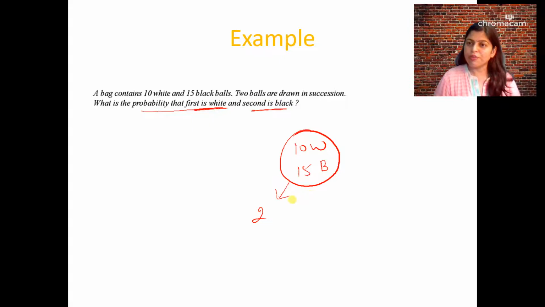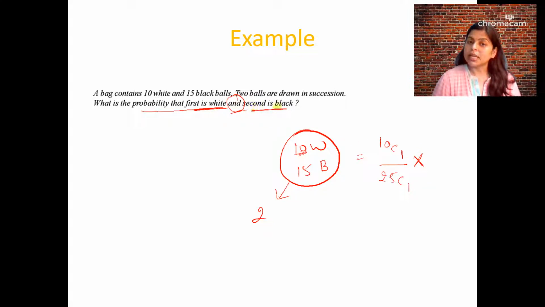So first of all, we will find the probability of a white ball. The white ball will come from these 10 balls, so we will write 10C1 divided by the total, 25C1. So this is the probability of getting one white ball. Now we will use this multiplication sign because of this "and".